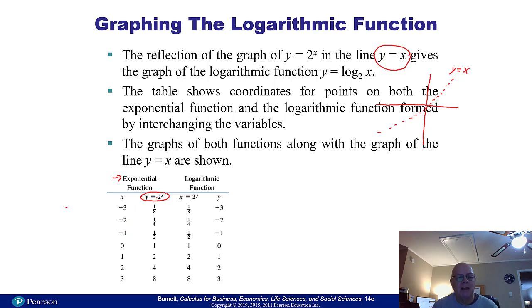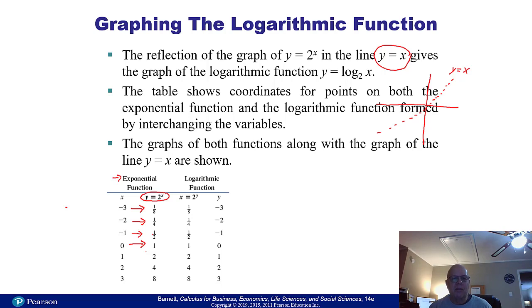Just put the 2 in, put the x where the exponent should be. In other words, put the -3, the -2, -1, and so on, and hit enter and see what that exponent gives you for a y value. -2 gives you 1/4, -1 gives you 1/2, 0 gives you 1, and so on.